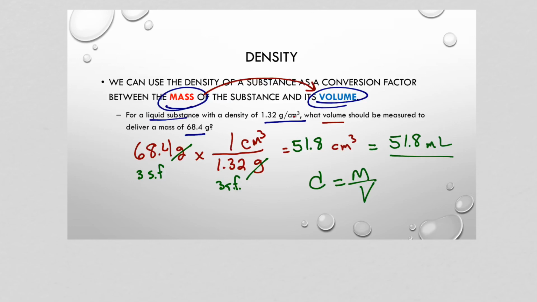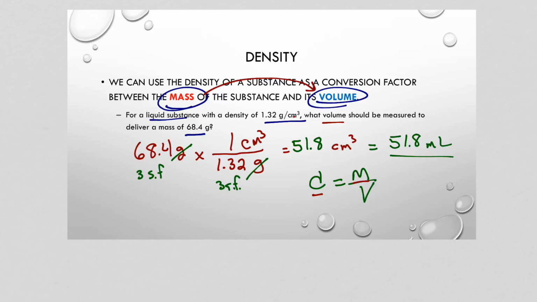So in this case, we knew the density and the mass, then we can figure out the third one. Right? So these problems are going to rely on us knowing 2 of these 3 values to figure out the missing one. So either we'll know the mass and the volume and figure out the density, or we'll know the density and either the mass or volume to figure out the other one.